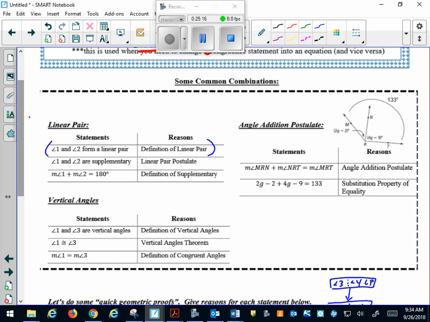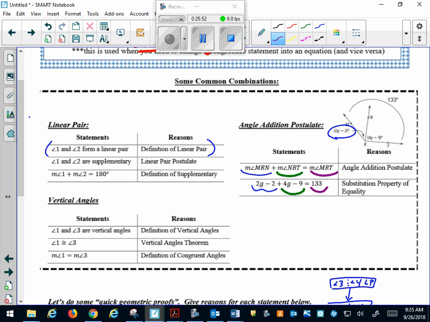Then, just like you did on your last test, you want to substitute in the values. Well, I know what MRN is. MRN is 2G minus 2, so I put that there. I know what NRT is. That's this one. And I know what MRT is. That's this one. So you're basically substituting. We take the one and we substitute it for what we know is equal to it.